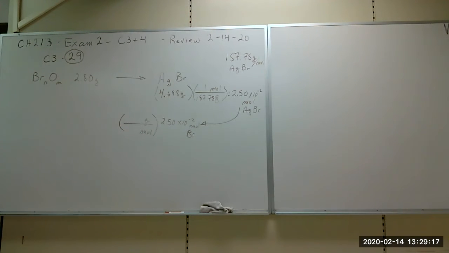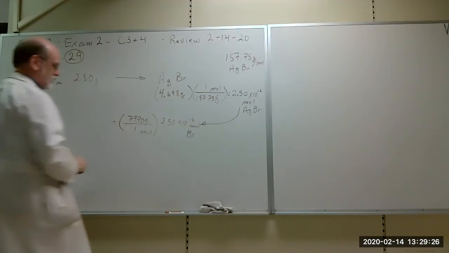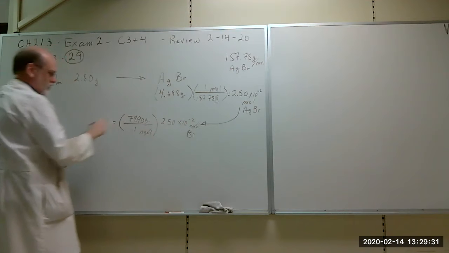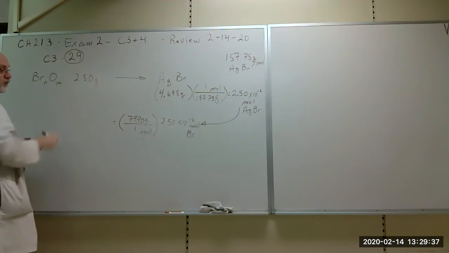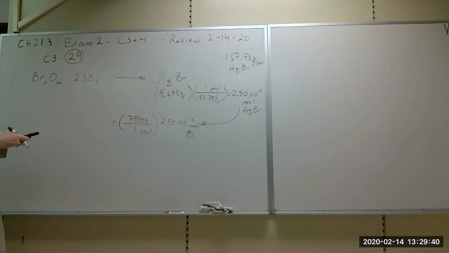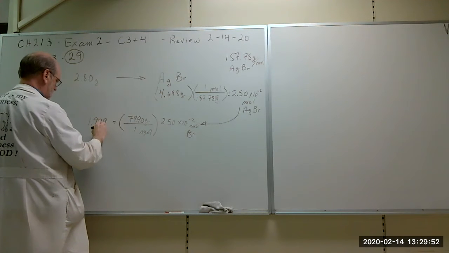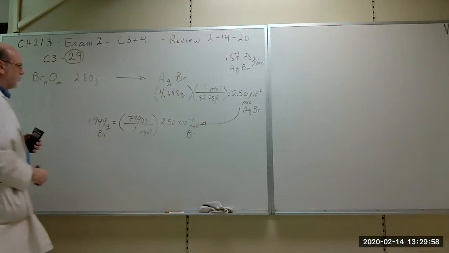So let's see. Looks like 79.90 grams per mole of bromine. Right? So moles cancel. This is going to be grams of bromine. And that grams of bromine that we're calculating was over here to begin with. So 2.50 times 10 to the minus 2 times 79.90 is 1.999 grams of bromine over here.